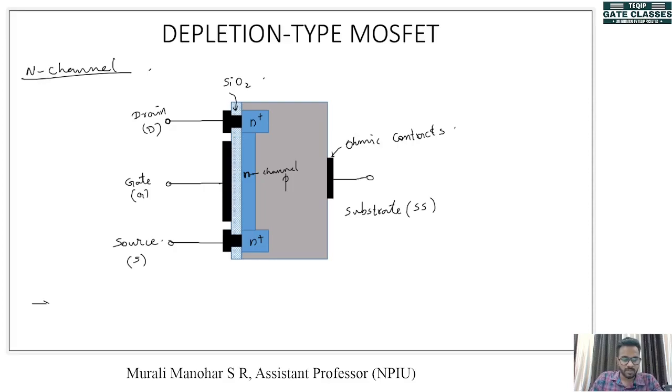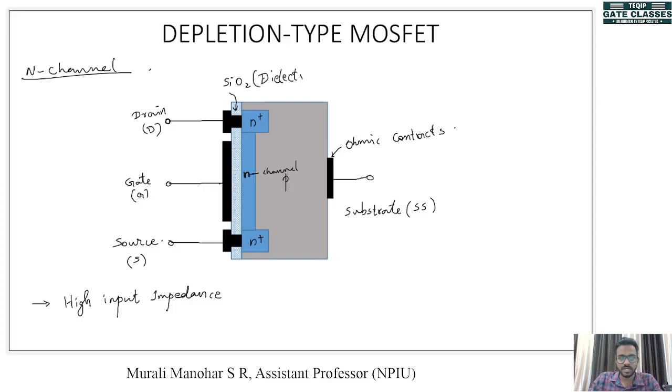Now the most important aspect of this construction is a very high input impedance. The input terminal is the gate terminal. Between the gate terminal and N channel, we have a dielectric layer.